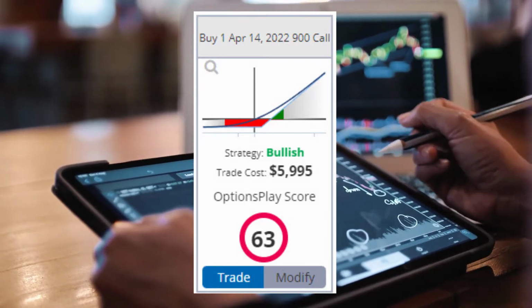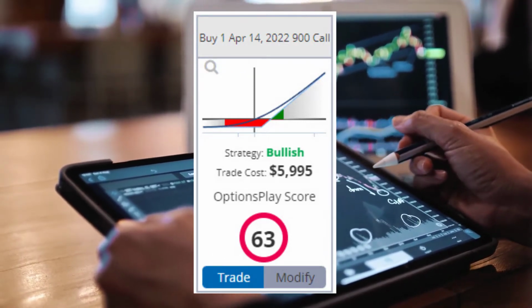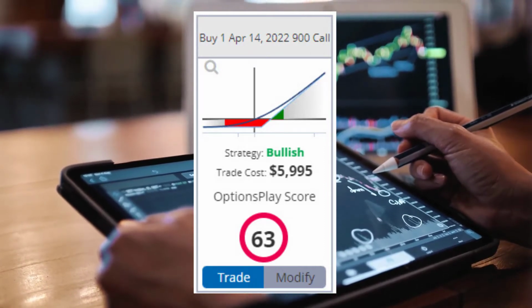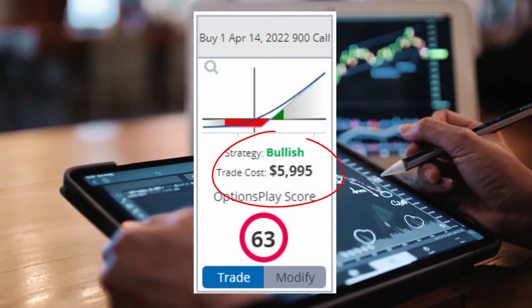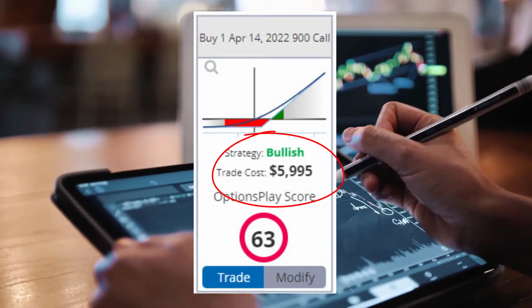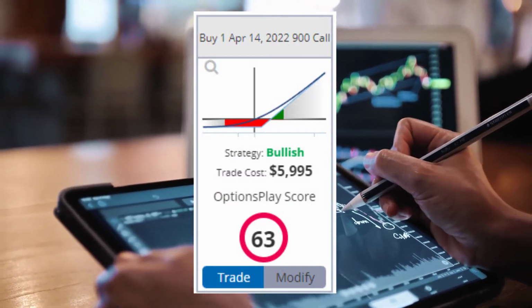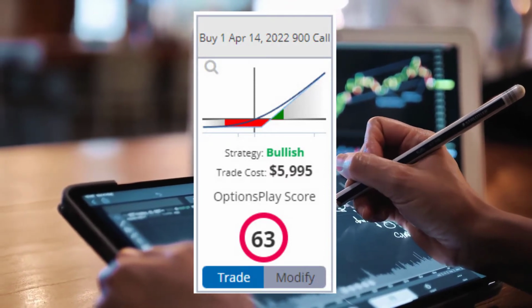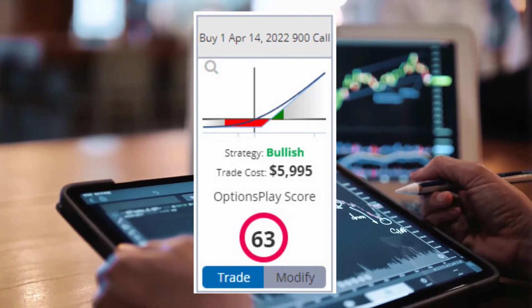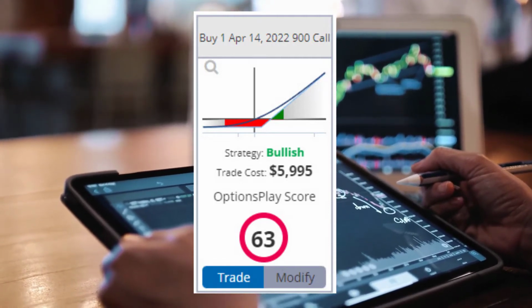Now there's a multiplier factor in there of 100 because it's buying 100 shares, so the actual total cost of that trade is $5,995. So let's see how those two trades, the buying of the 100 shares and the buying of the one option contract, played out.